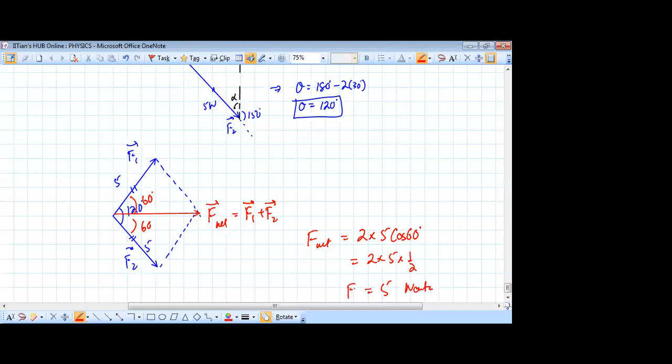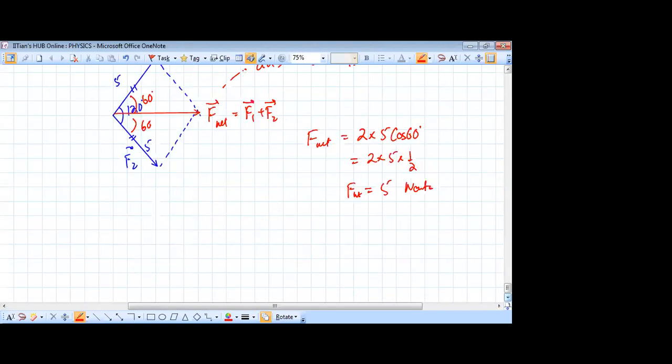So the net force will have a magnitude of 5 newtons, and the net force will act along the angular bisector of F1 and F2. Okay. So coming back to that block now. So now we also know the direction in which the net force is acting.